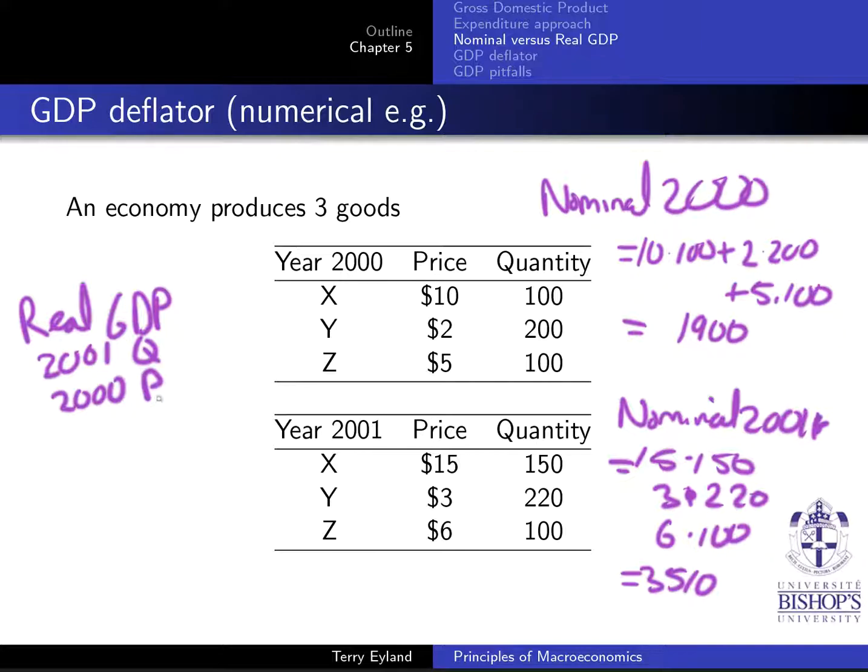So in this case, if I set year 2000 as the base year, that means I use year 2000's prices. Well, for the real of 2000, I'd have quantity of 2000 and prices of 2000. Essentially, my real and my nominal for 2000 will be equal to one another. But for 2001, I'll have the prices of year 2000, so 10 times the quantity of year 2001.